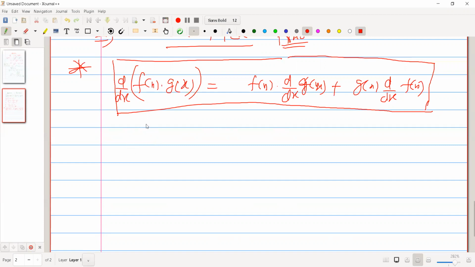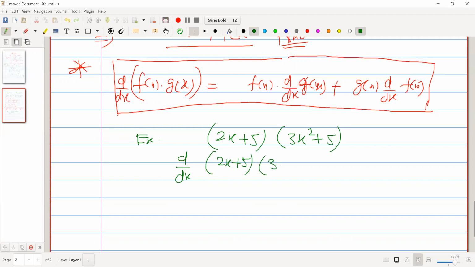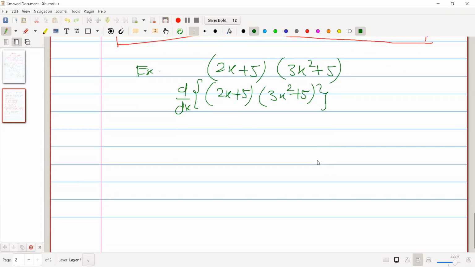So here let us take an example: (2x plus 5) into (3x square plus 5). Just take this example. I want to find the derivative of that. Let us see how to find it. Just assume that this is my first function and this is my second function.